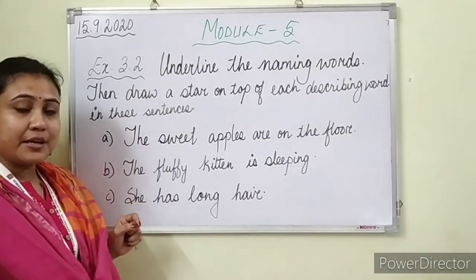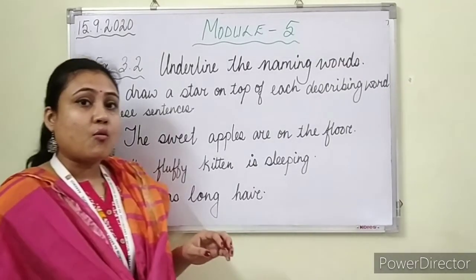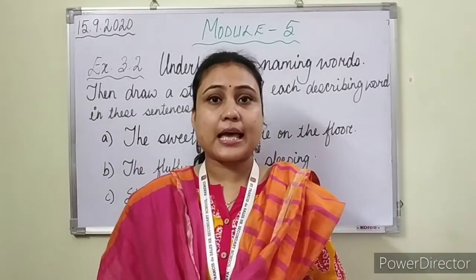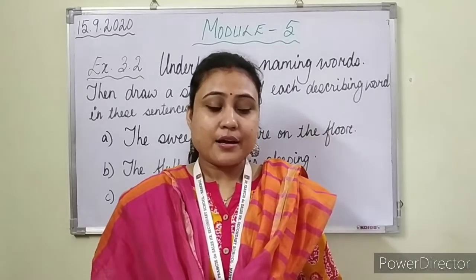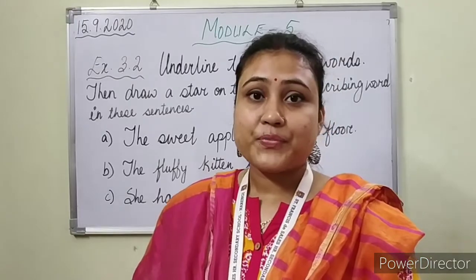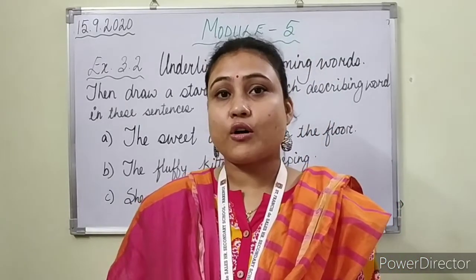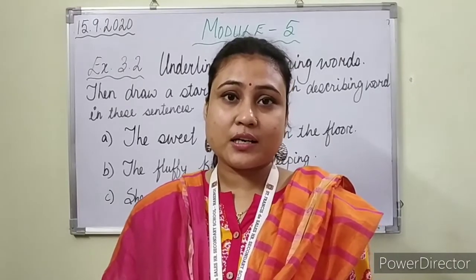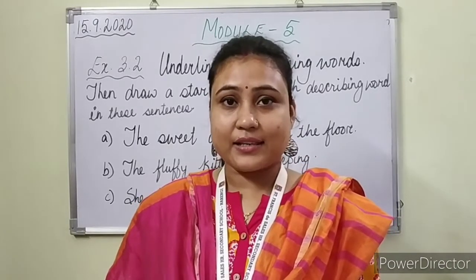So what are naming words? Naming words are the name of a person, place, animal or a thing, right? Again, describing words are used to describe a noun or a pronoun. Fine, so let's check which are the nouns here and which are the adjectives.